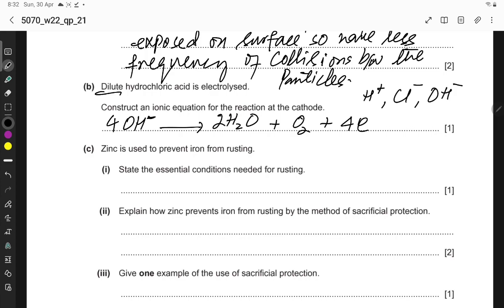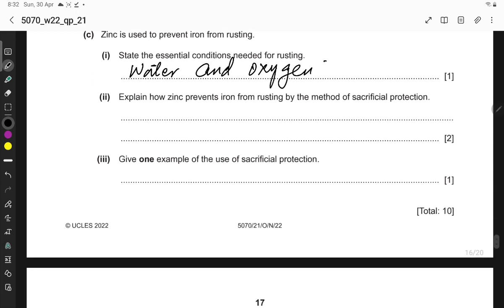Zinc is used to prevent iron from rusting. State the essential conditions needed for rusting: water and oxygen. Explain how zinc prevents rusting by the method of sacrificial protection.